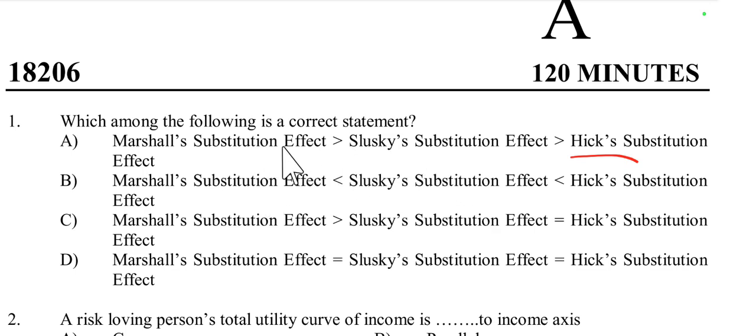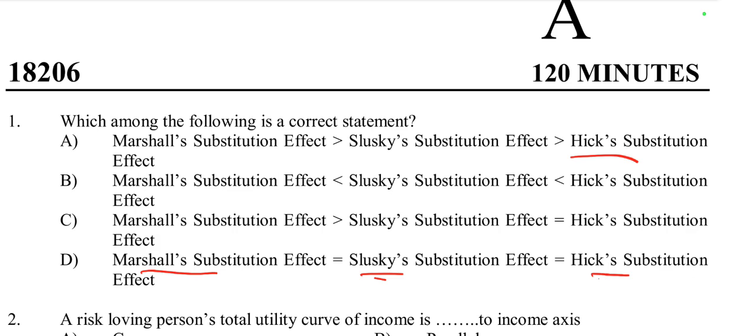Here in substitution effect we can see that all are equal, because all the three concepts, Marshall's, Slutsky, Hicks, are equal here, because it refers to the same fundamental idea of how consumers adjust their consumption pattern in response to changes in relative prices, holding utility constant.